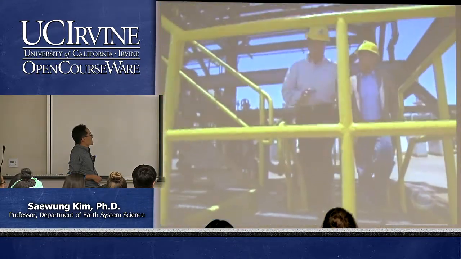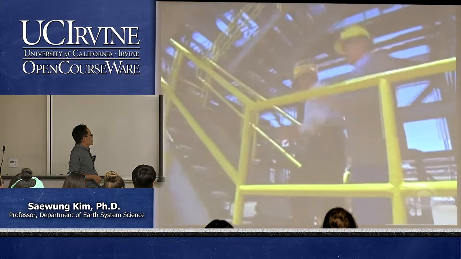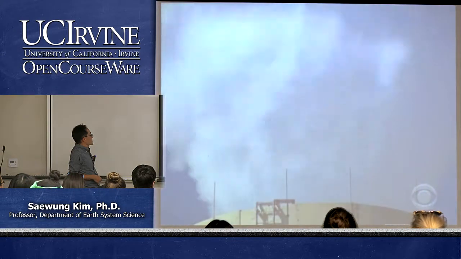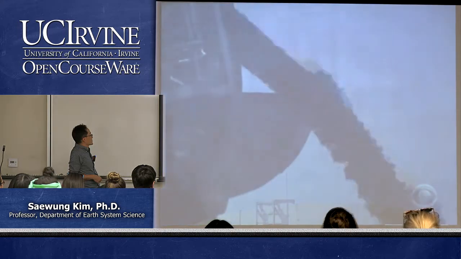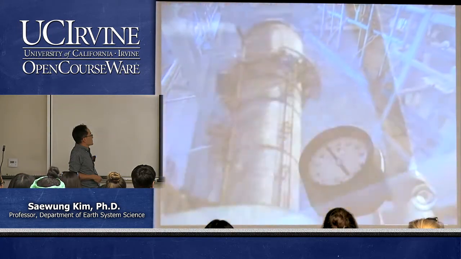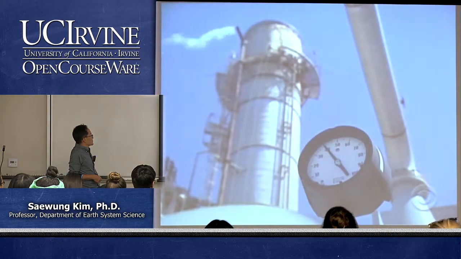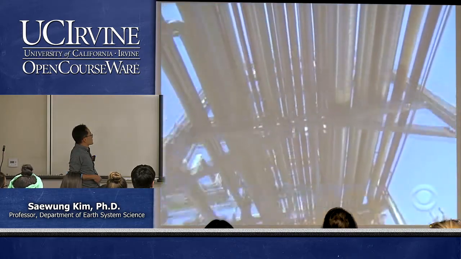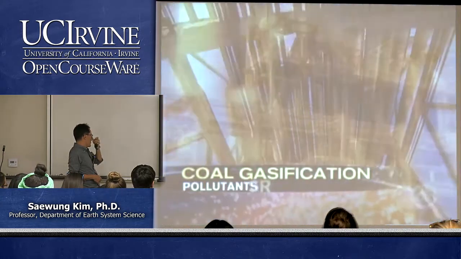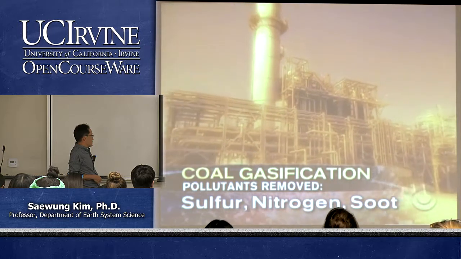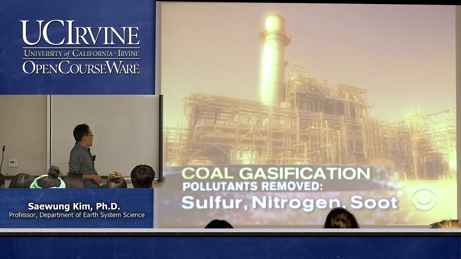The cleanest coal plant in North America is operated by Tampa Electric in the middle of rural Florida. What makes it clean is that they don't burn coal exactly. They mix it with water and oxygen and convert it into a gas. Much lower sulfur dioxide emissions. According to company president John Rammel, gasifying coal allows the company to remove pollutants like sulfur, nitrogen, and soot, which virtually eliminates acid rain.